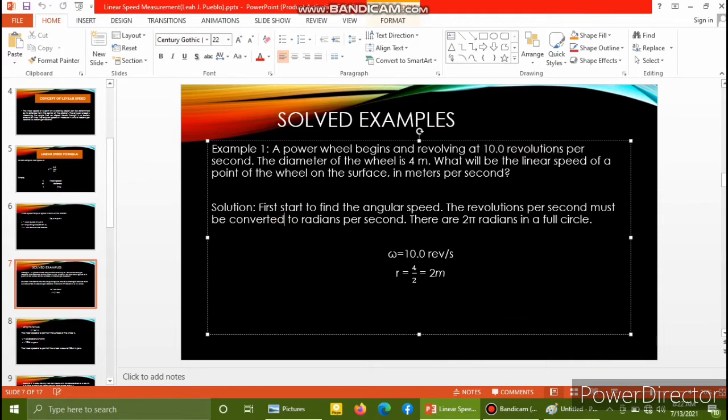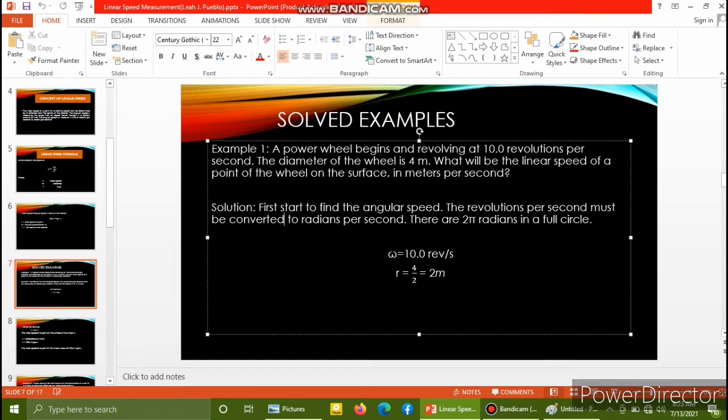So the first thing we do is find the angular speed. We are given 10 revolutions per second, and we convert it into radians per second. We all know that we have 2 pi radians in a full circle.